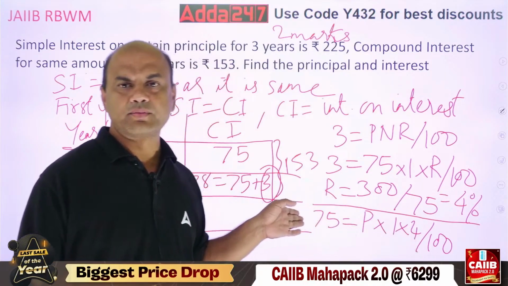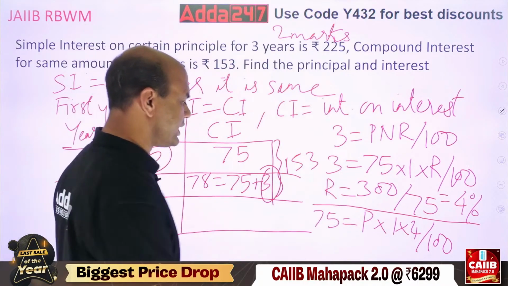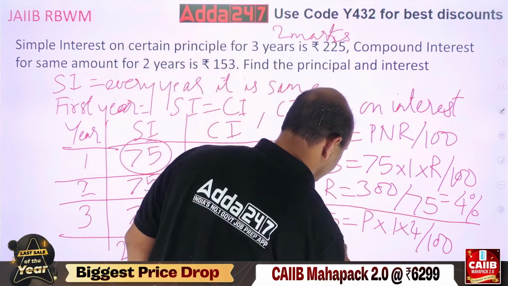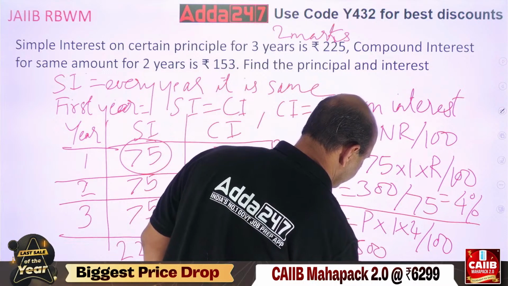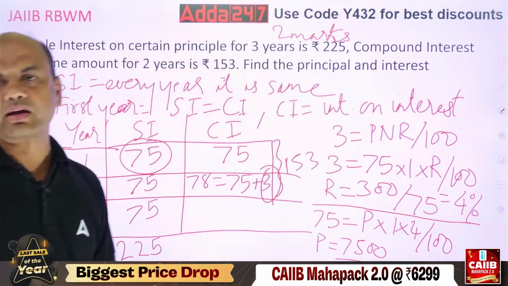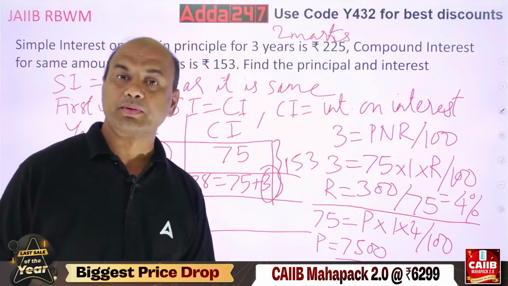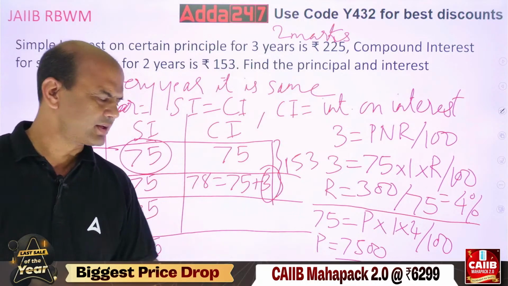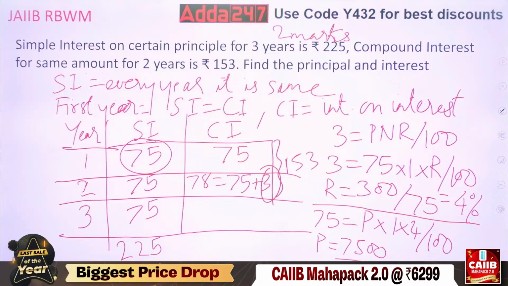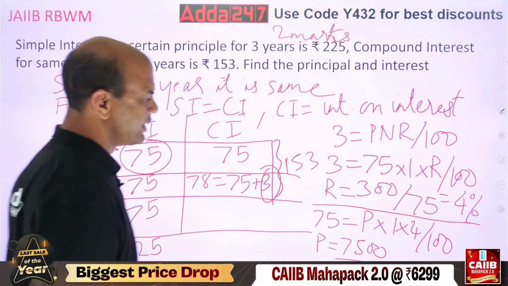So solve it now. You've got everything. 75 into 100 divided by 4. So P equals 7500 divided by 4. Solve it everyone, it is coming out to be 18 something. 18 fours are 72, 30 remaining, 1875, right?